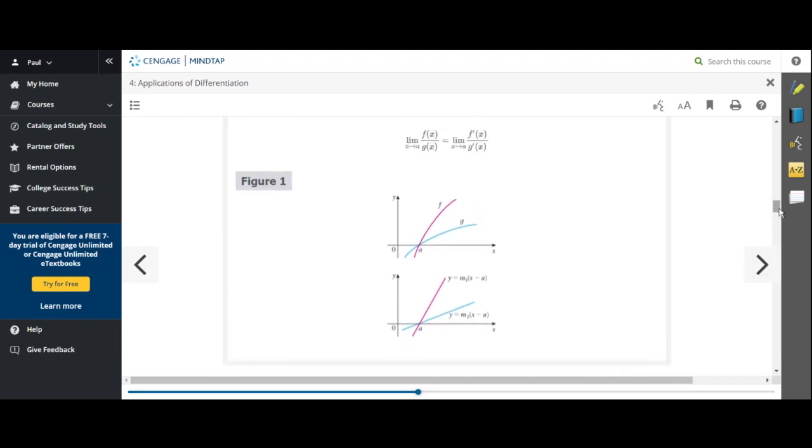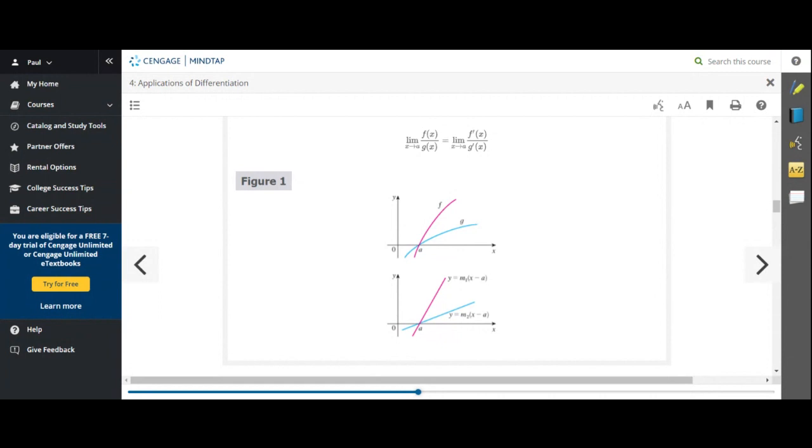If you zoom in, the functions start looking linear. And that's something you learned in Calculus 1. Very close to where x equals a, the functions look like lines.